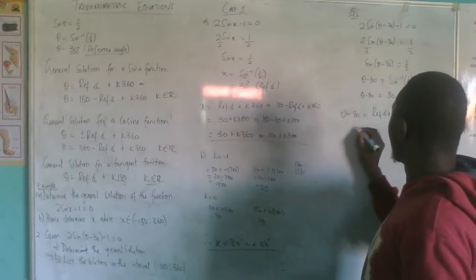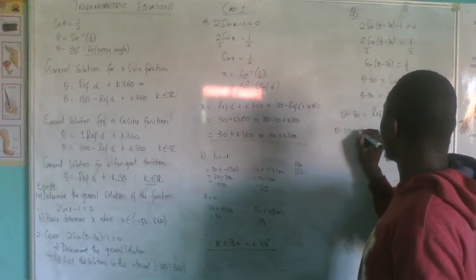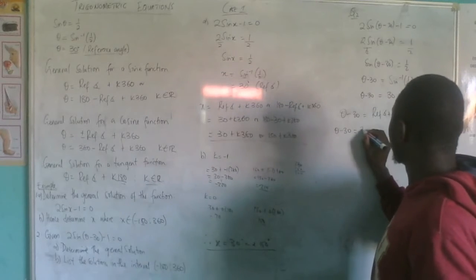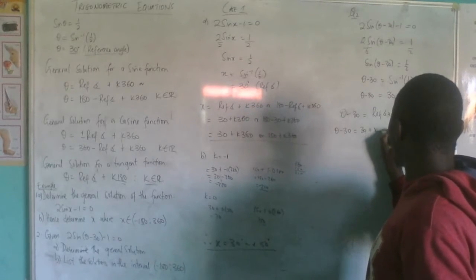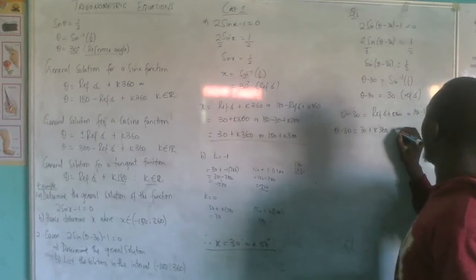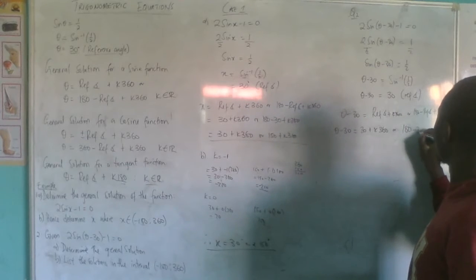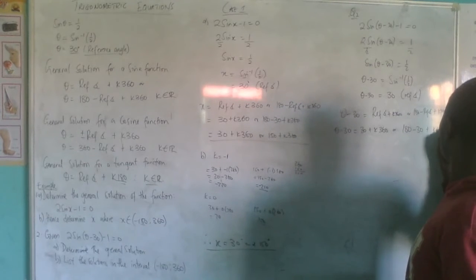So theta minus 30 equals 30 plus k 360, or 180 minus 30 plus k 360.